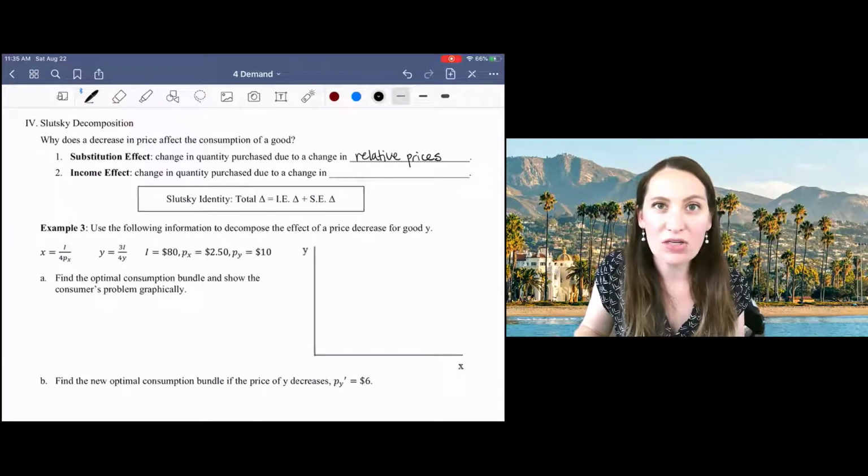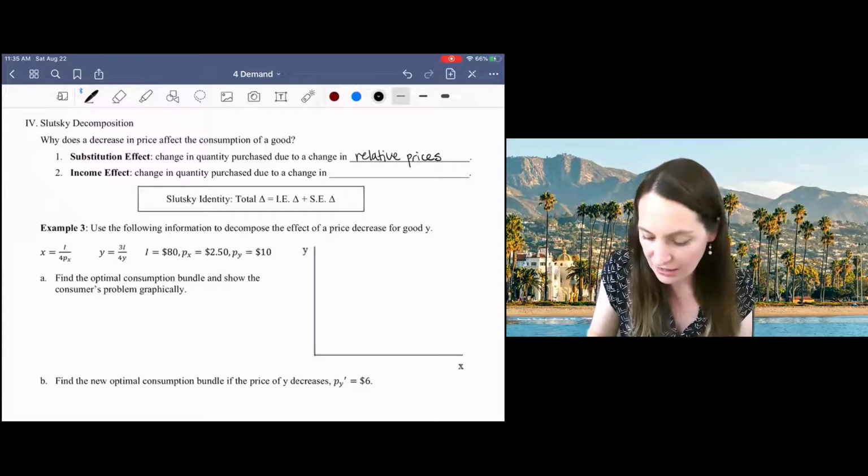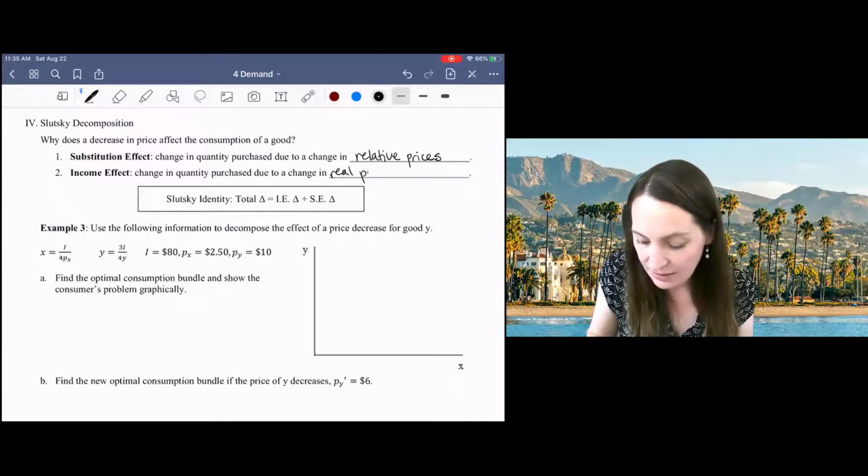But we would also expect to see a decrease in consumption across all products as our real purchasing power declines when prices go up. And we call that second part the income effect, the change in consumption due to a change in real purchasing power.